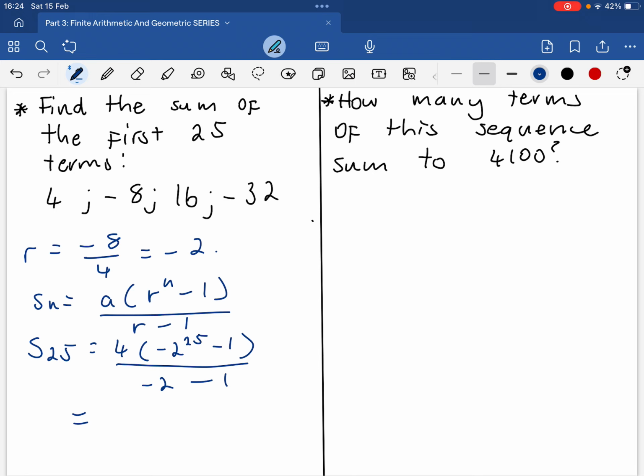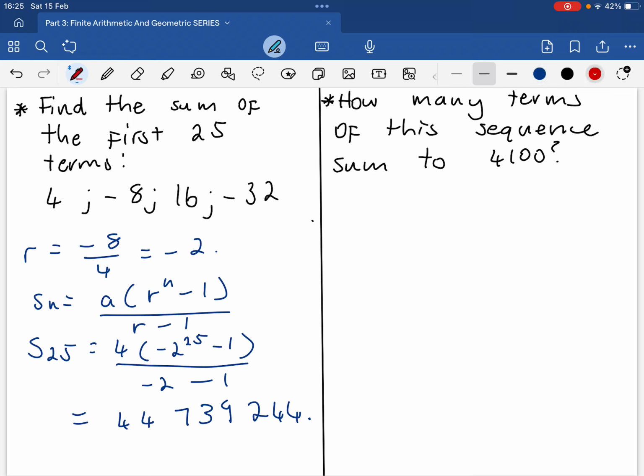You can go ahead and chuck this in your formula, and you should get a big number. And it's 44,739,244. That's the big number you should get.